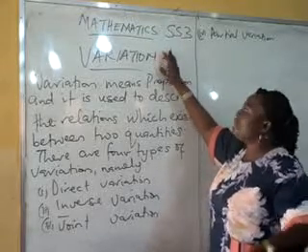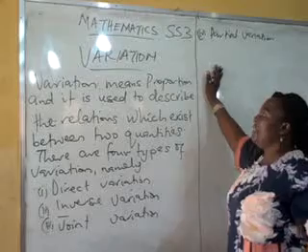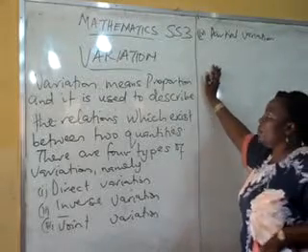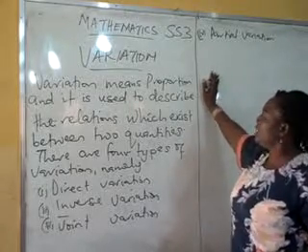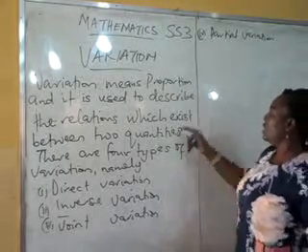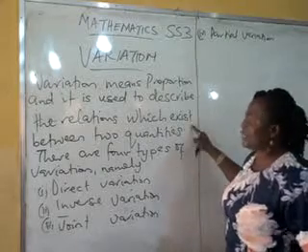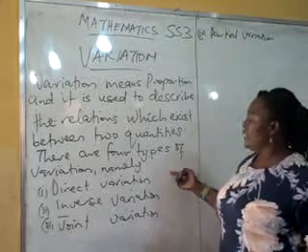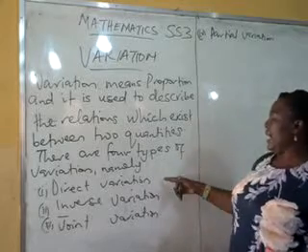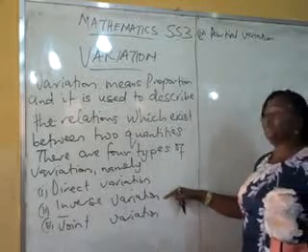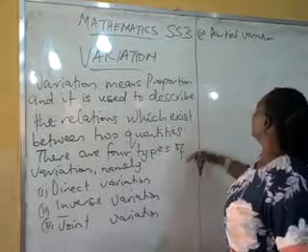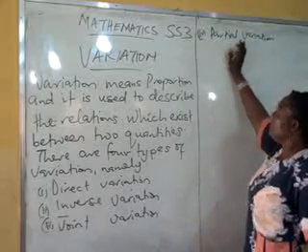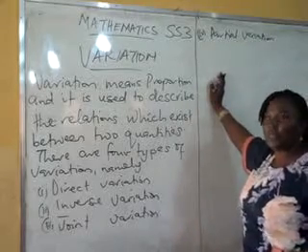We want to take variation. What do we mean by variation? Variation means proportion, and it is used to describe the relations which exist between two quantities. There are 4 types of variation, namely direct variation, inverse variation, joint variation, and the fourth one, partial variation.